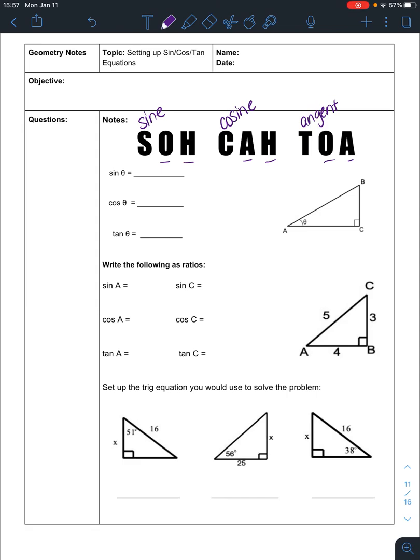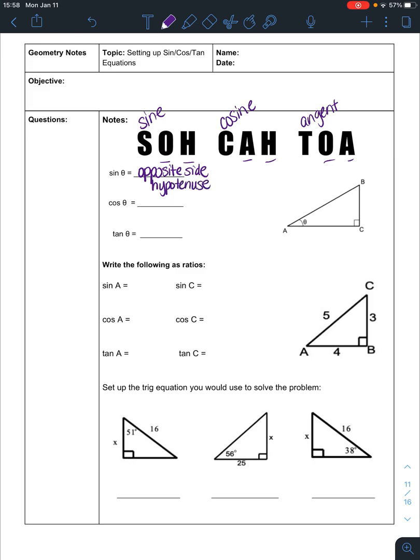One of the things that we need to remember: I talked about how sine uses opposite and hypotenuse. Not only does it use those two sides, but it uses them in ratio to each other. So the sine of the angle is equal to the opposite side over the hypotenuse.